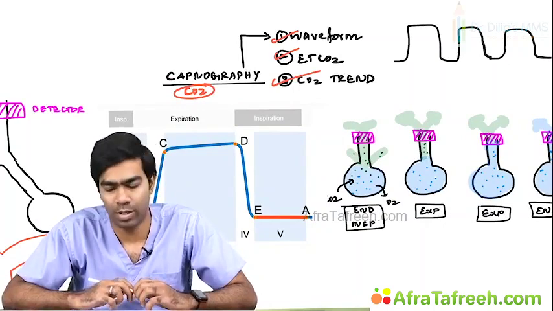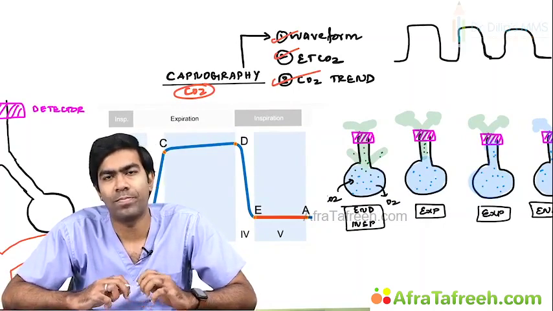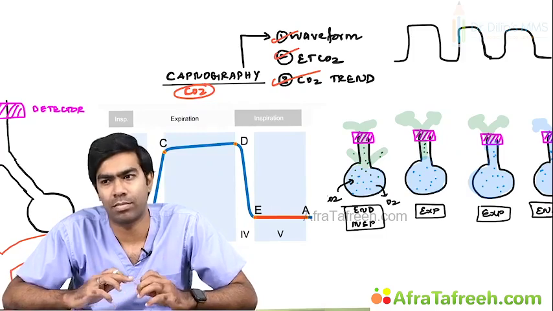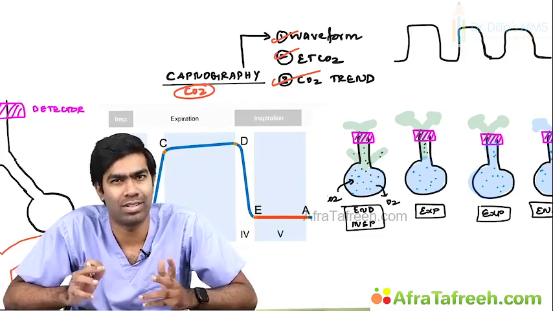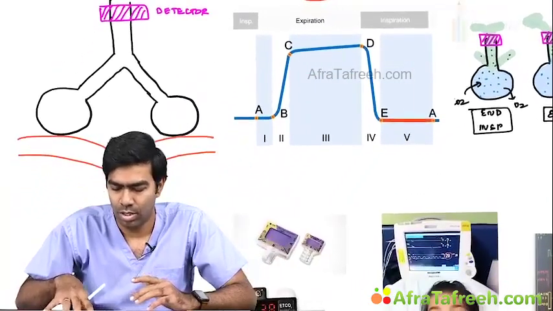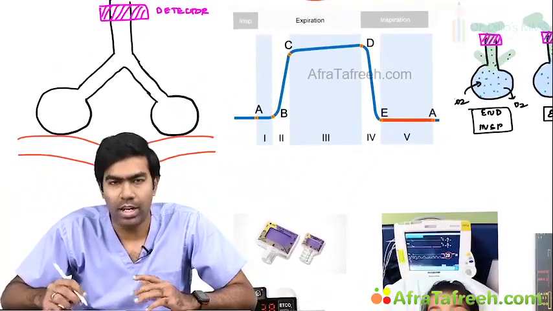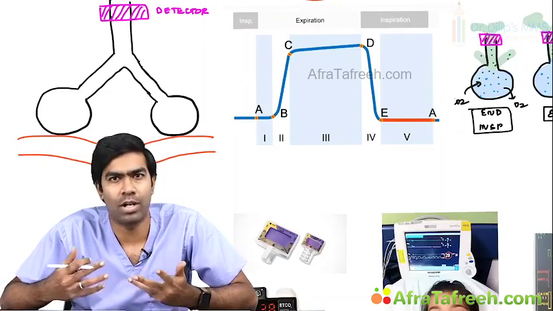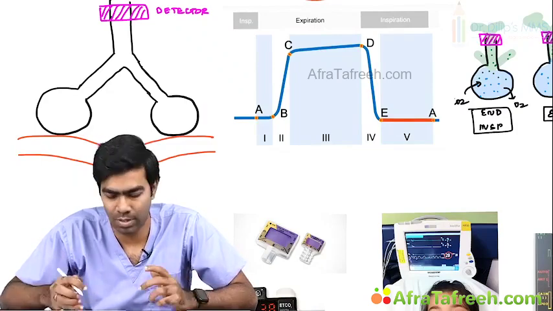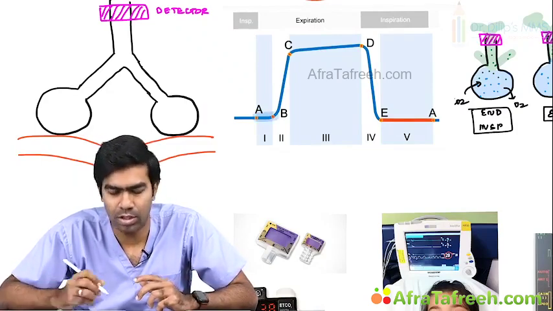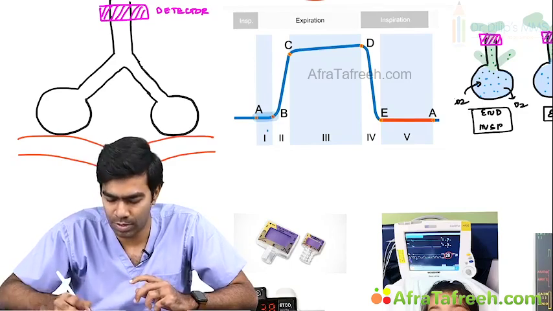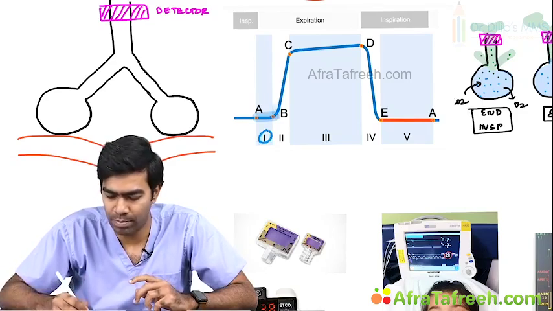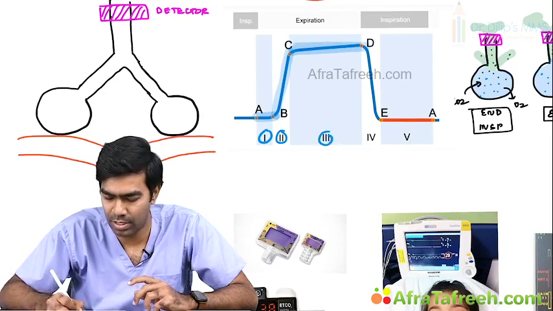Now let us move on to the phases of capnography waveform, because this is based on simple physiology only, nothing much. So for that, let me tell you there are 5 phases in capnography, but modern textbooks give only 4 phases. But let us assume there are 5 phases. First one, the point A to B is referred to as phase number 1, and from point B to C is referred to as phase number 2, and point C to D is referred to as phase number 3.